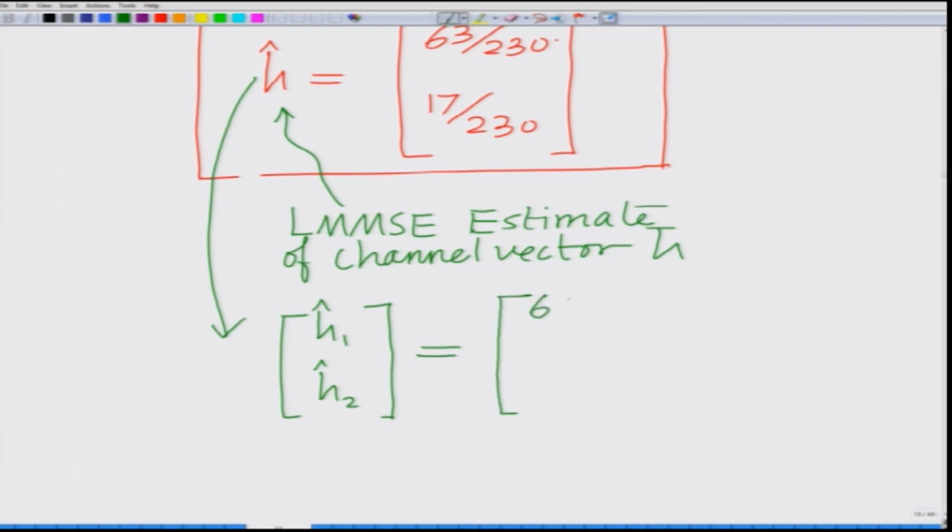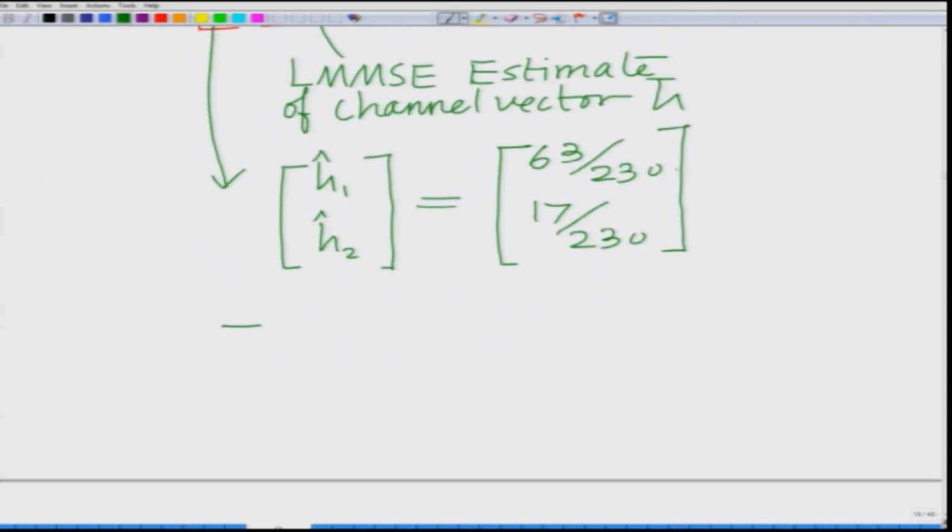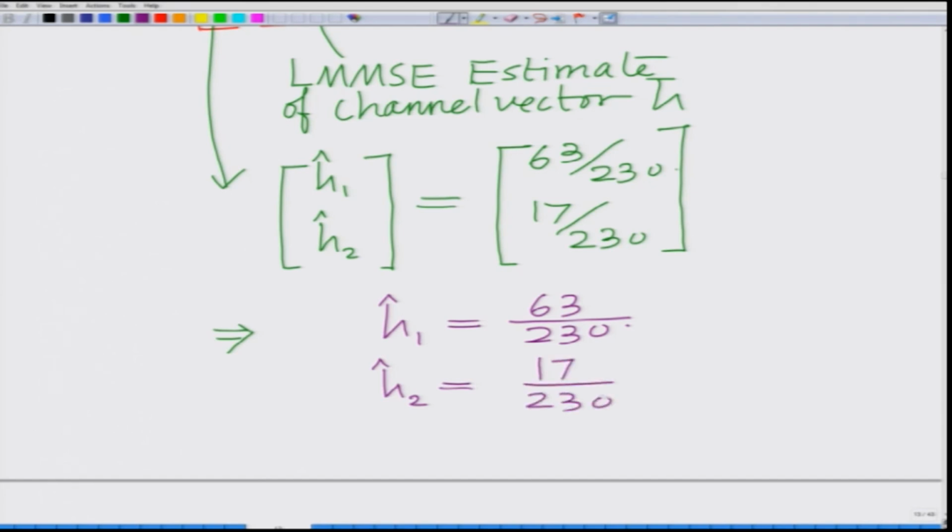So, this is 63 by 230 and 17 by 230. Written explicitly, H1 hat equals 63 by 230 and H2 hat equals 17 by 230.